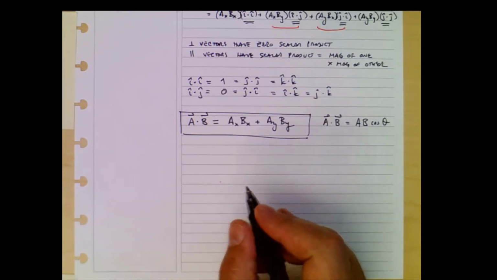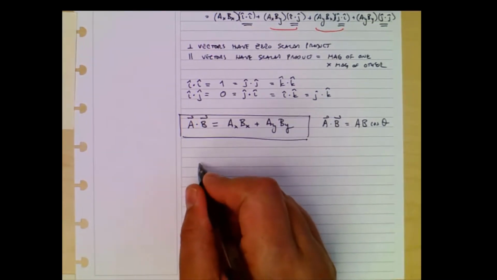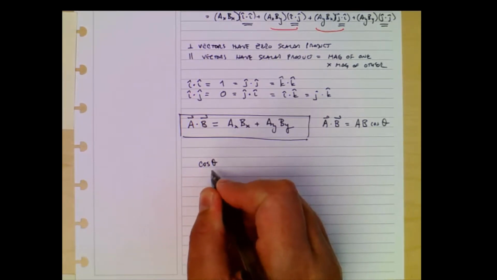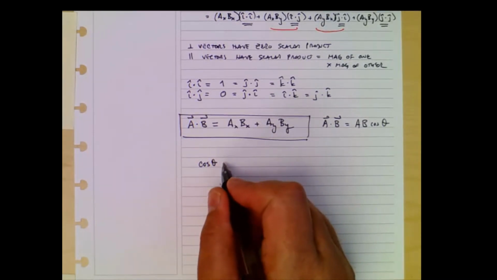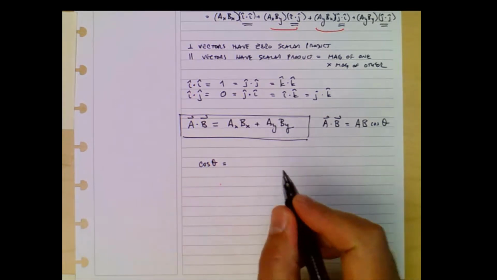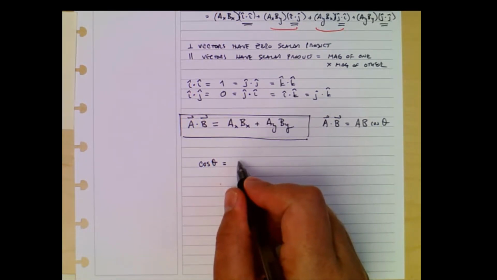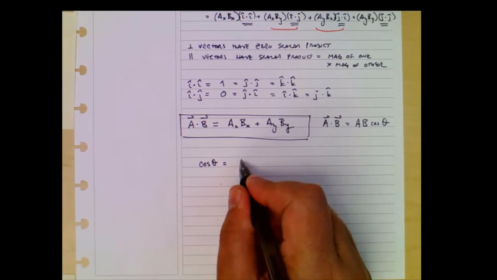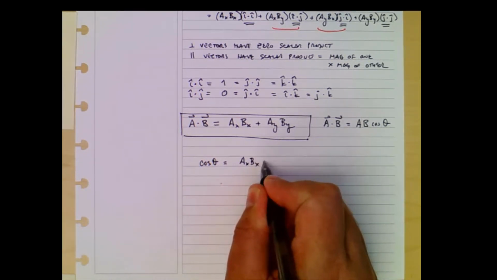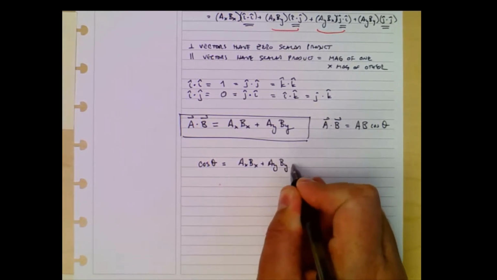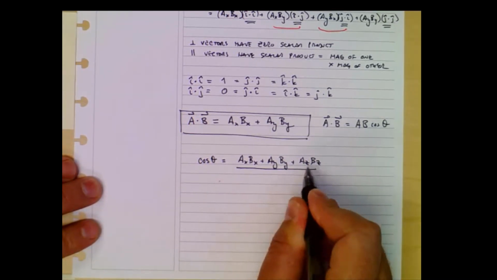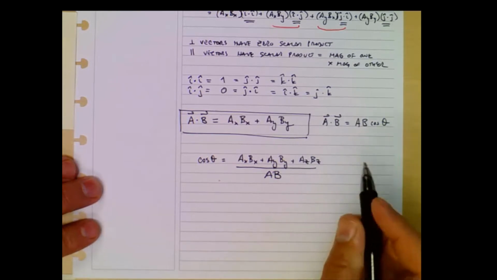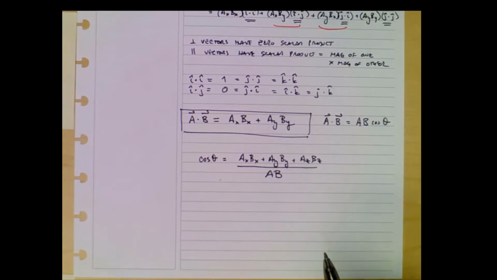So if I want to know the cosine of the angle between A and B, so if I've got A and B in space in 3 dimensions, then the cosine of the angle between the two vectors will be equal to A sub x b sub x plus A sub y b sub y plus A sub z b sub z divided by the product of the magnitudes AB. Just taking these two equations, generalizing to 3 dimensions, and then solving for the cosine of the angle.